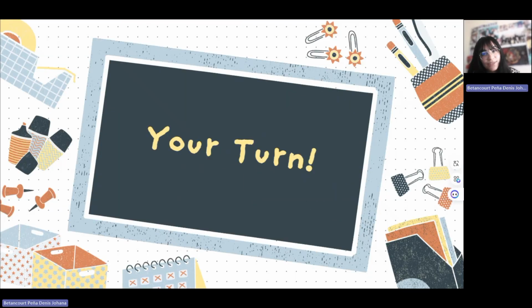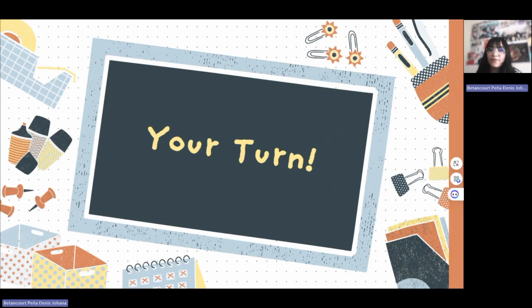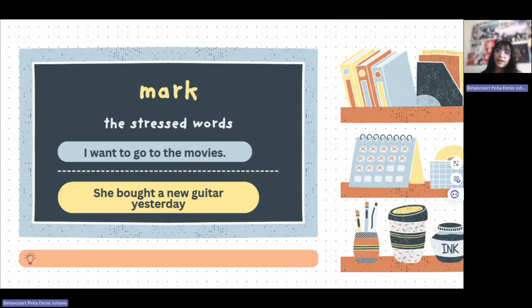So, continuing with that, it's your turn to practice. There we have a short activity. At this moment, I want you to mark the stressed words in those sentences. In the first one, we have I want to go to the movies.